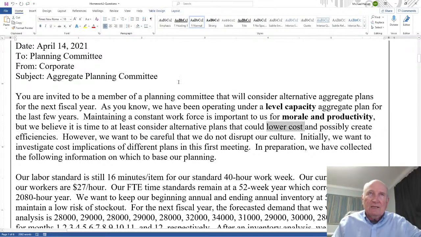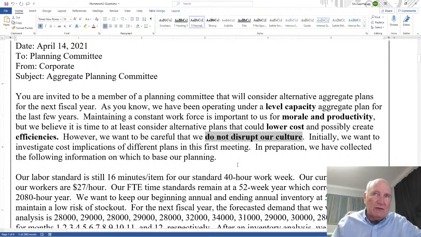So cost then is one criterion. Efficiencies would be another, something that's more efficient. However, we want to be careful that we do not disrupt our culture. So we have to give strong arguments if we're moving away from level capacity, and we don't want to move away to where we'll disrupt the culture.